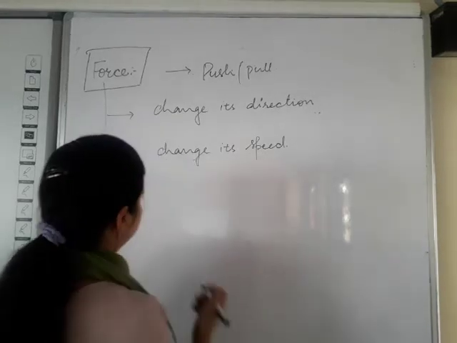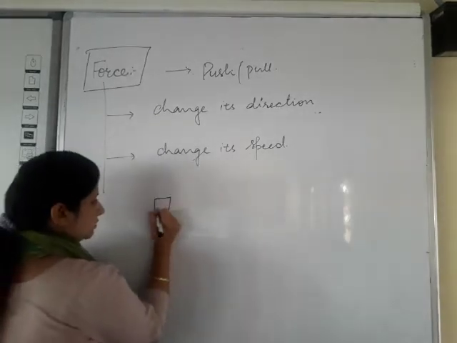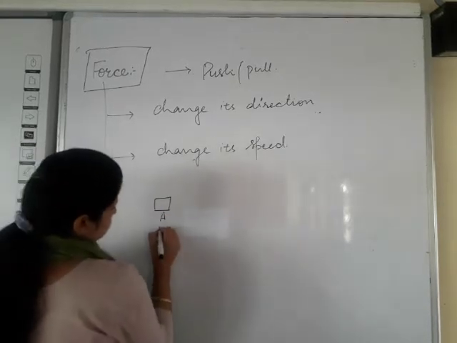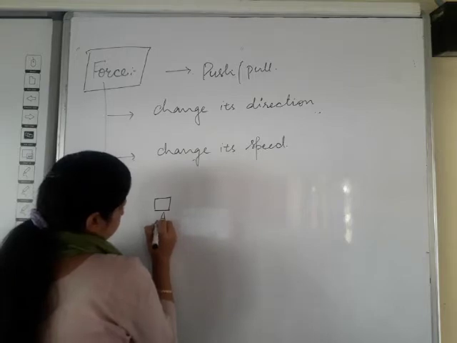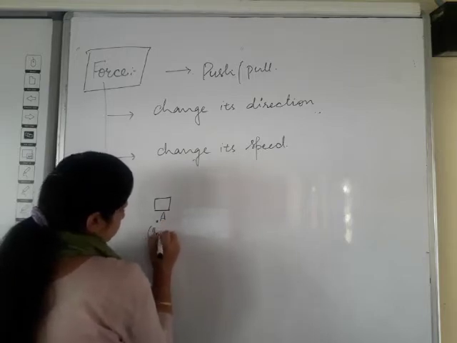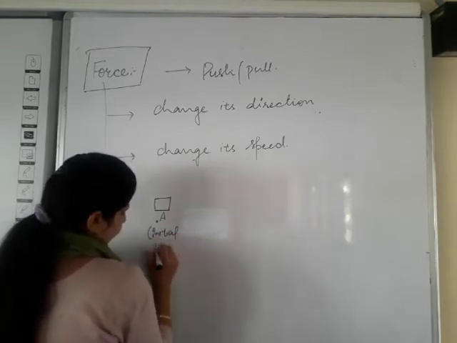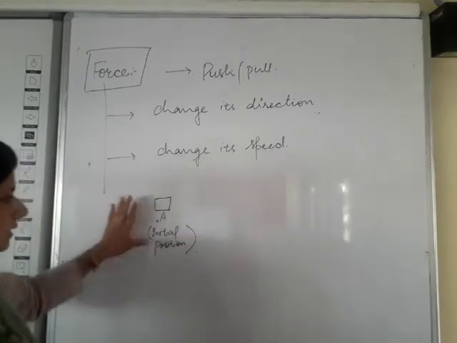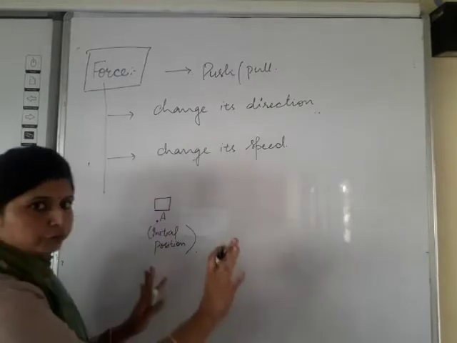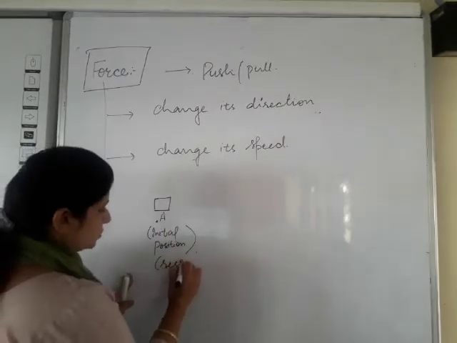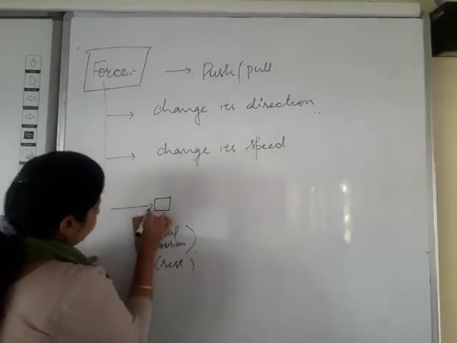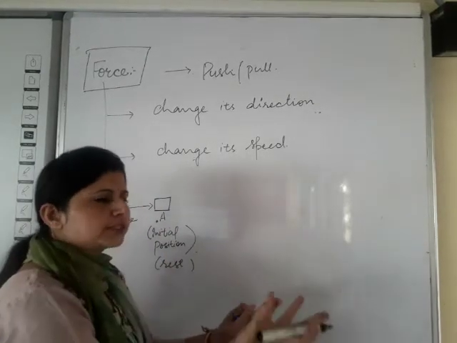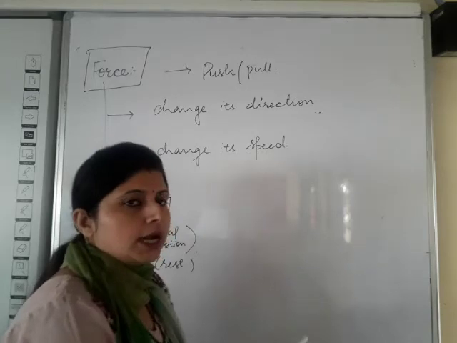For example, this is an object A and this is its initial position. And here it is at rest, it's not moving. And when I apply force on it, when I push it, for example, a simple toy car.